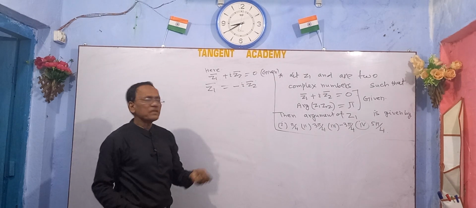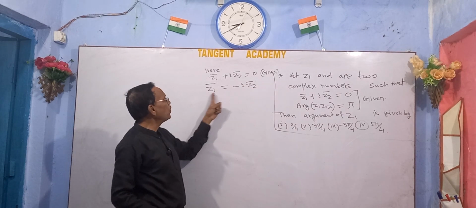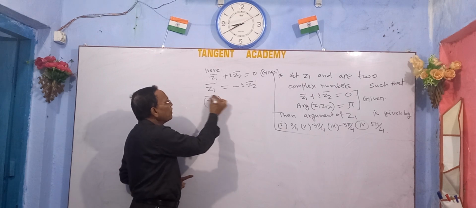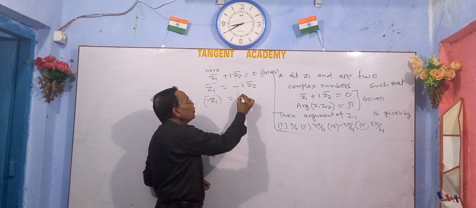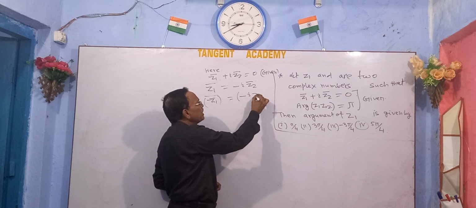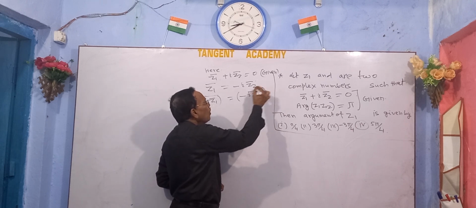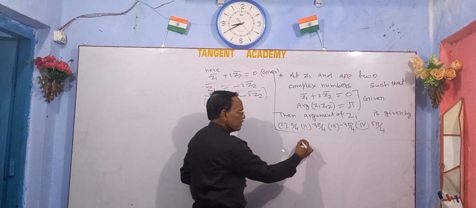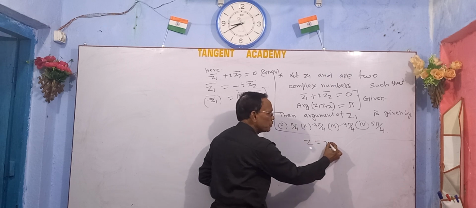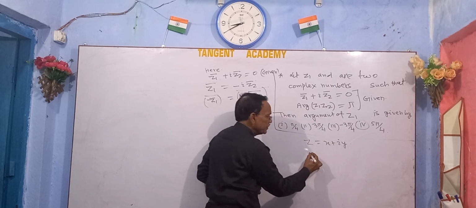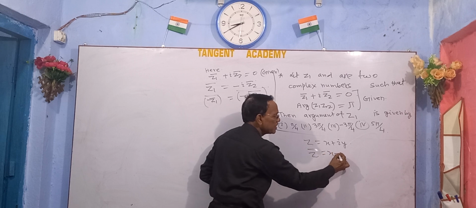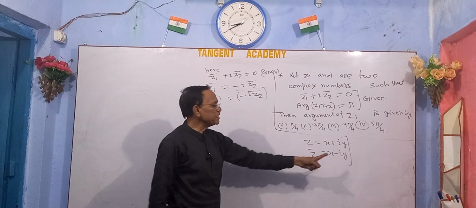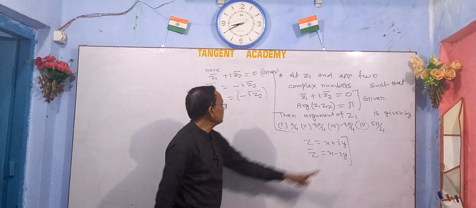Now we will take the conjugate of both the sides. Z1 bar whole bar is equal to minus iota times Z2 bar whole bar. And we know that for any complex number Z equal to x plus iy, Z bar is given by x minus iy, that is, the sign of the imaginary part changes.